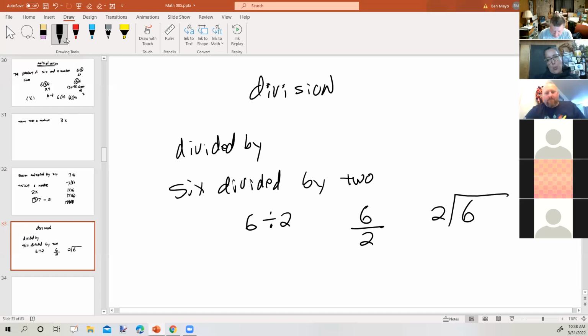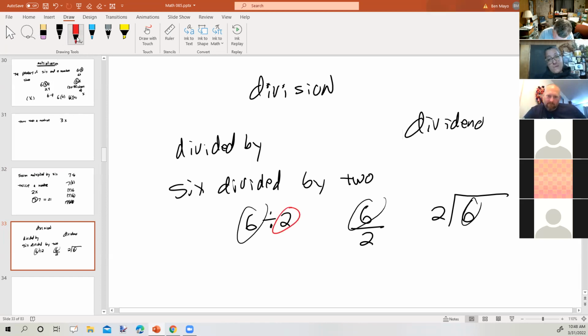In each case, the 6 is called the dividend, and the 2 is called the divisor. Okay, so you've got a dividend and a divisor.